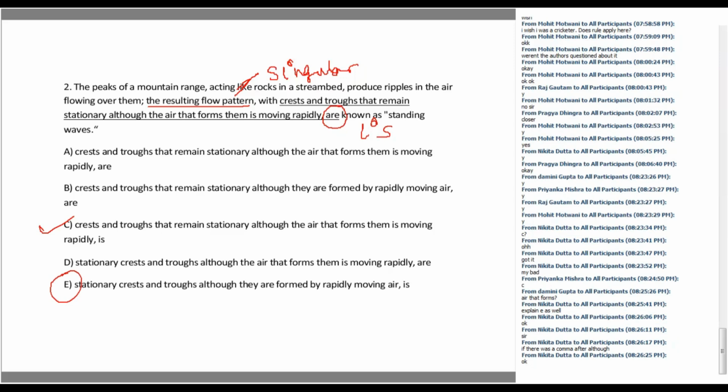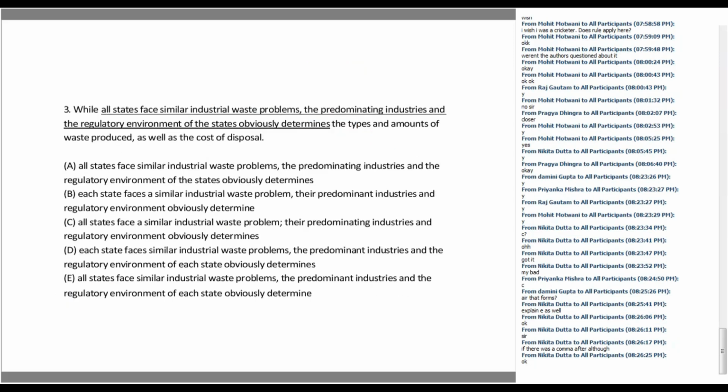Question number three. While all states face similar industrial waste problems, the predominating industries and the regulatory environment of the states obviously determines the types and amounts of waste produced as well as the cost of disposal.